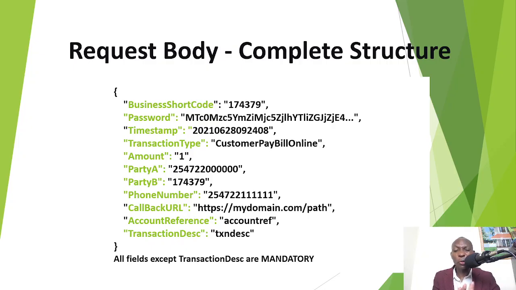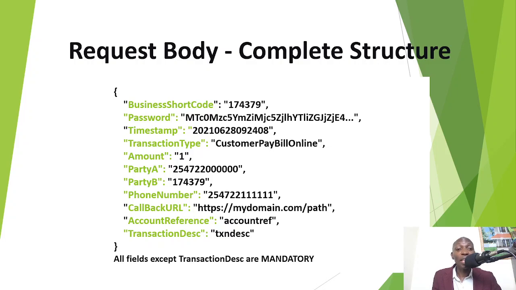Ensure that you have exactly the request body as it is. Some of the mistakes that developers make is to use camel case on the field names, then Daraja validates and rejects the request. So it is good to pass this request as it is.